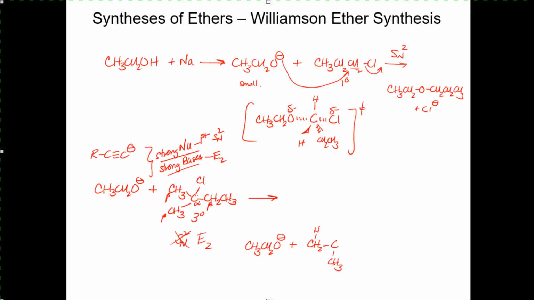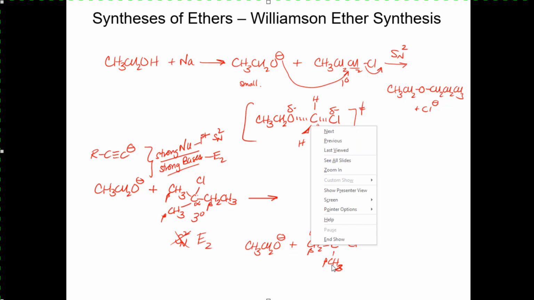This carbon would have the same beta hydrogen, right? And so alpha, beta, beta, beta. So I have these two beta hydrogens, and there is another beta hydrogen down here.